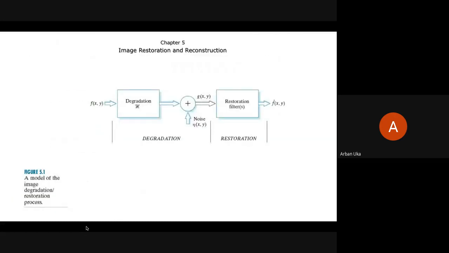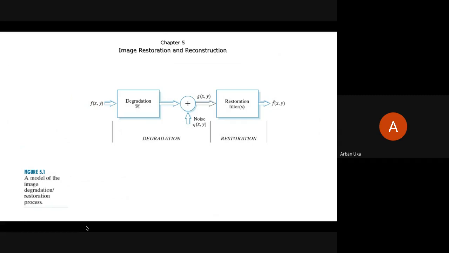Whenever we discuss image restoration and reconstruction, initially we have some function f, or some data f. In this case, it could be an image, of course, and to this f we apply a degradation function h. This means that the image got worse. And then after the degradation, we can also add some noise, using this addition function.